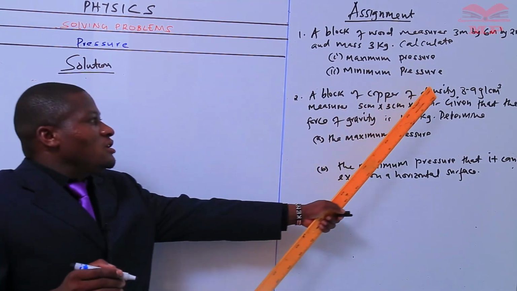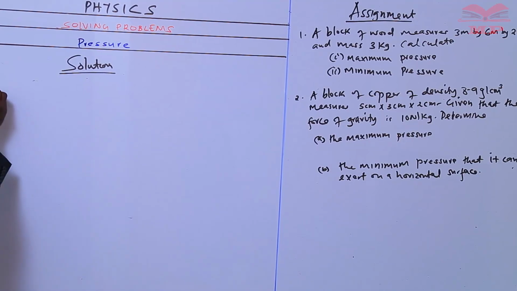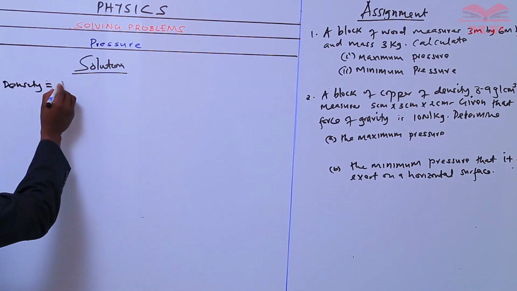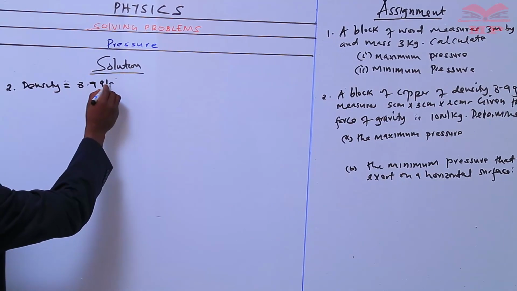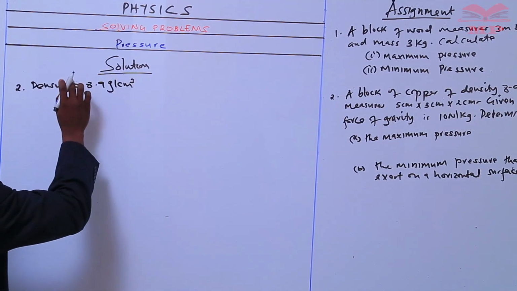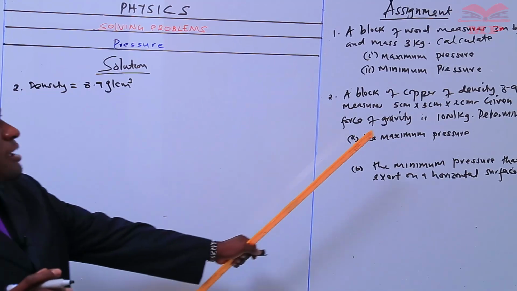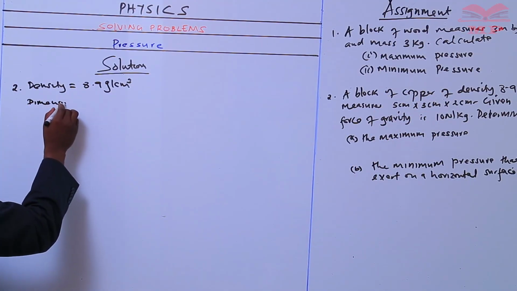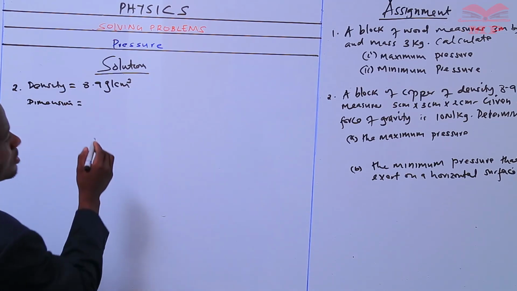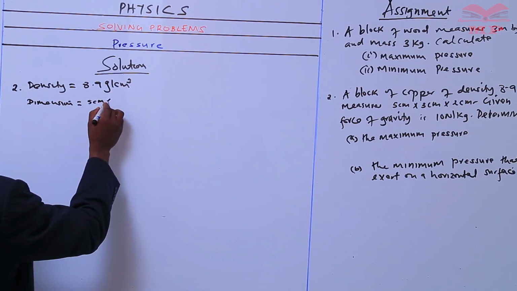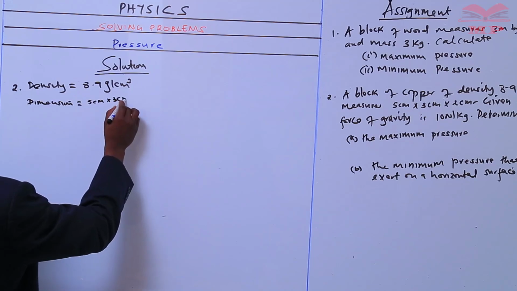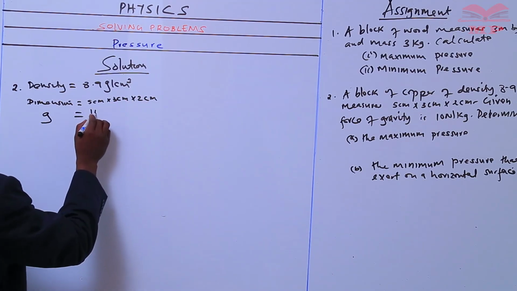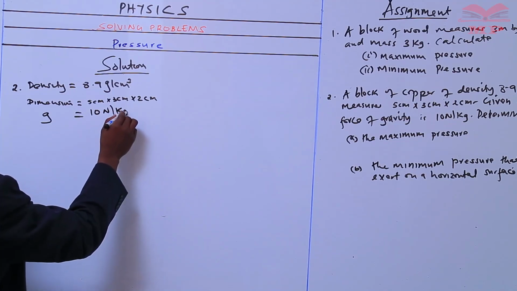We have the density of the block, which is 8.9 grams per centimeter cubed. Then we have the dimensions, that is 5 centimeters by 3 centimeters by 2 centimeters. Then we have our g, which is 10 newtons per kilogram.